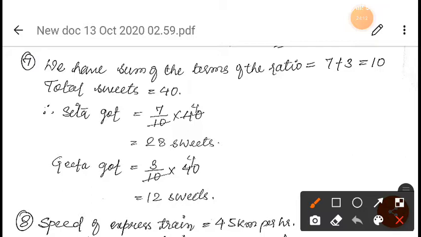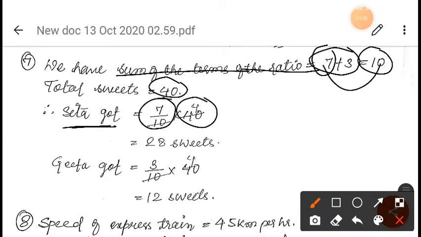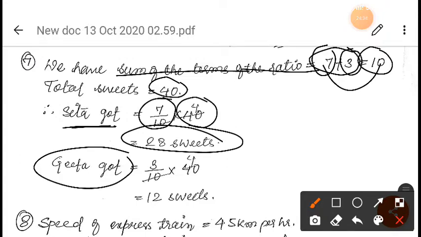So we have to find the sum of the terms of the ratio, which is 7 plus 3, which is 10, right? Now the total number of sweets was how much? 40, okay? So Sita will get 7 by 10 into 40, which is 28 sweets, and Gita will get 3 by 10 into 40, which is 12 sweets, okay?